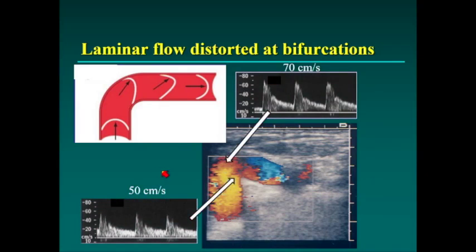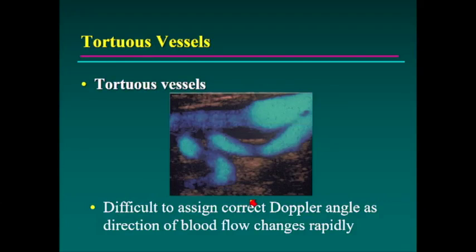And in fact, the velocity in the outer portion of the vessel will be higher if you measure it than on the inner portion, and that's just good old physics, but the consequence of it is that measuring around an abrupt curvature is problematic for our machines. And as we all know, some of the vessels are extraordinarily tortuous, as they are in this case, and it gets very hard to know how to adjust your Doppler angle in a vessel that tortuous.